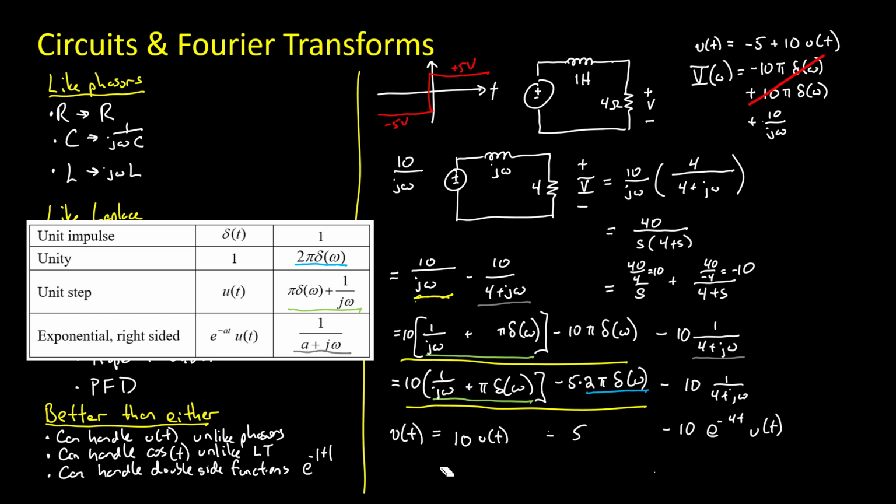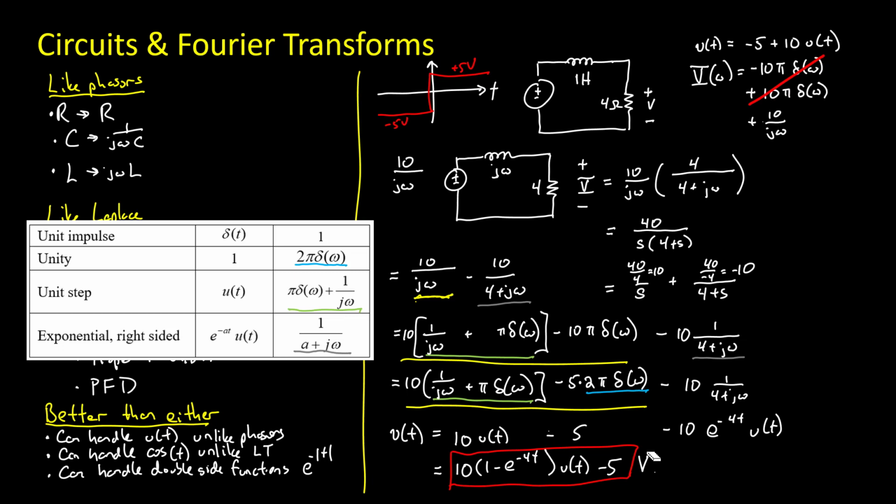And that's entirely correct. A more compact way of writing that same thing would be to say it's equal to 10 times 1 minus e to the minus 4t, u of t, minus 5.